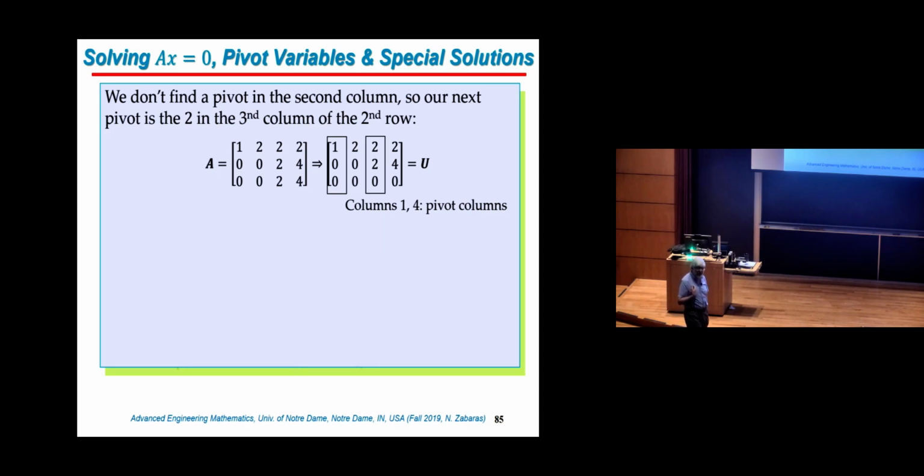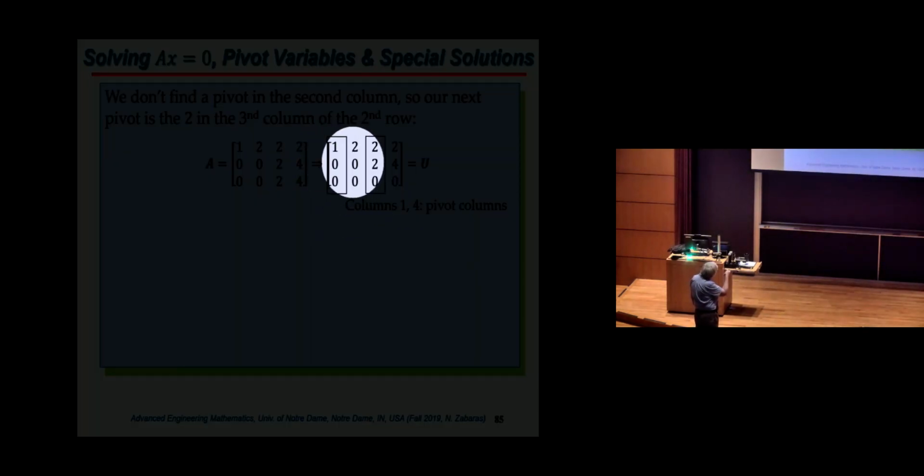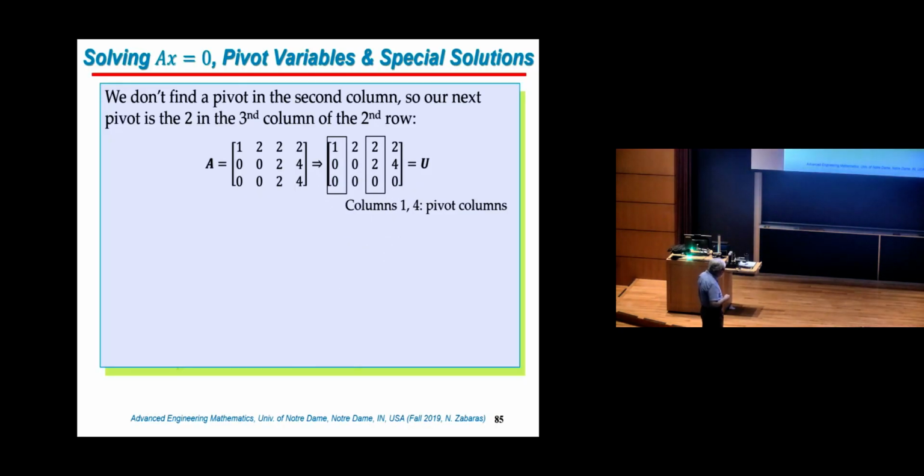Can you guess which space those will be the basis for? The column space. Okay? The other 2 columns that you see, I call them free columns, all right? And they will identify the solution to the null space.